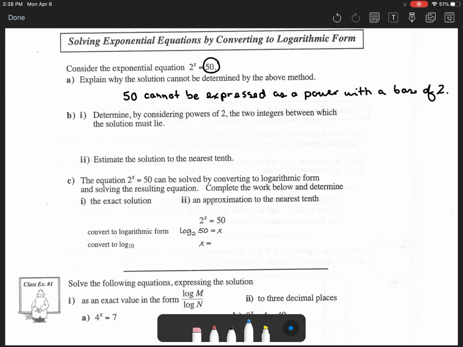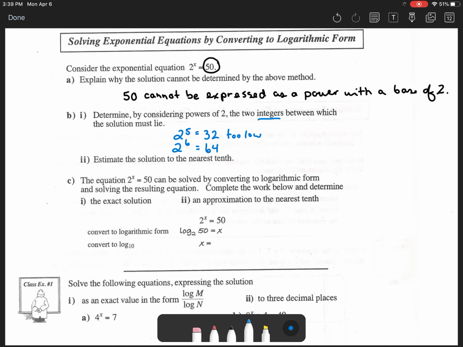Now in B, it says determine by considering powers of 2, the two integers, okay, again, integers are positive or negative whole numbers, between which the solution must lie. So if you take a look at this, I know 2 to the exponent of x has to equal 50. Well, 2 to the exponent of 5, for example, is 32. So that's not high enough. If I move to the next integer exponent, that would be 2 to the exponent of 6. Well, that takes me to 64.